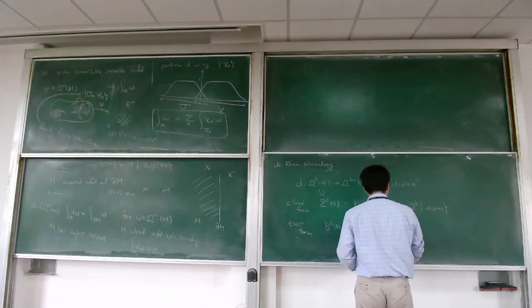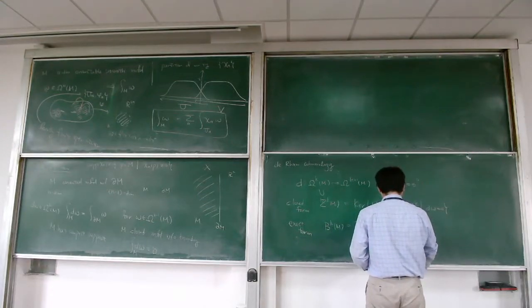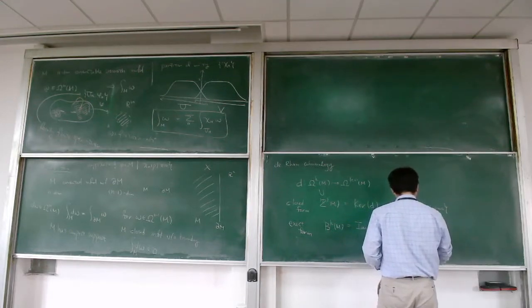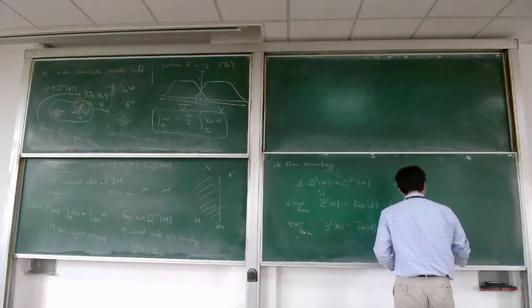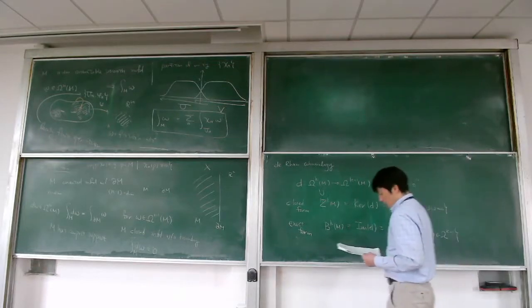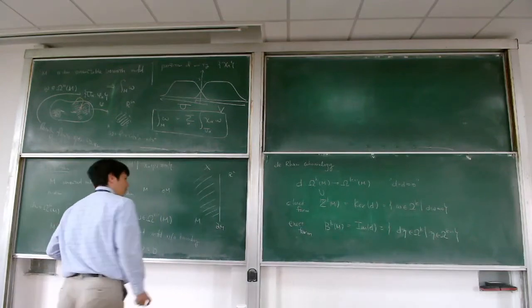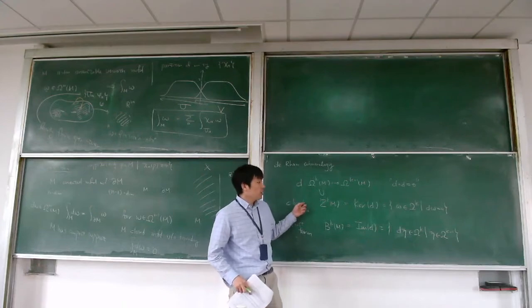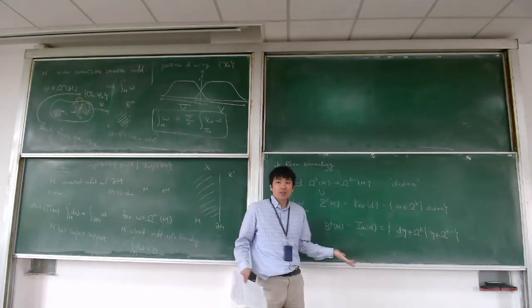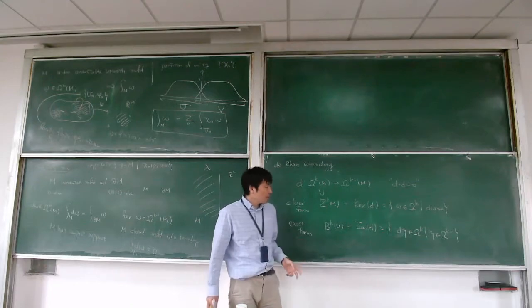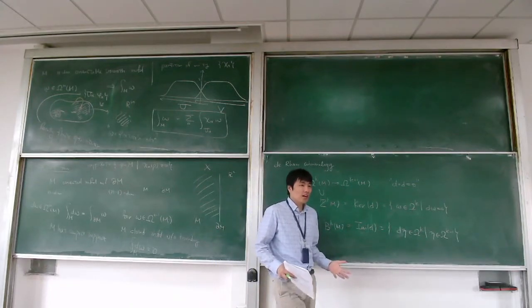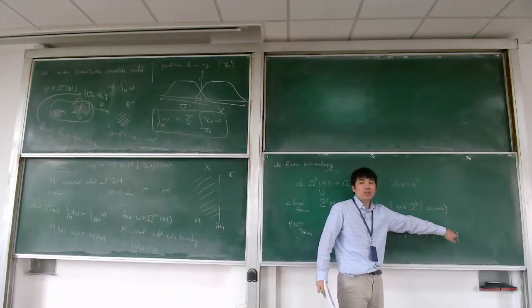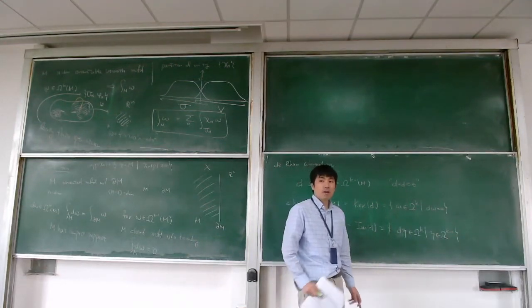So a closed form is just that if you apply d, you get 0. An exact form is one where you have the expression as d of something, some other lower degree k minus 1 form. That's an exact form.